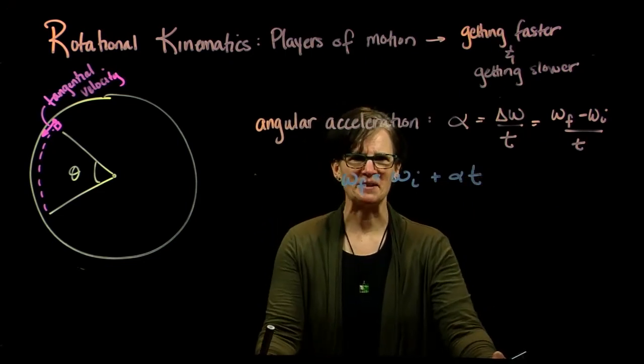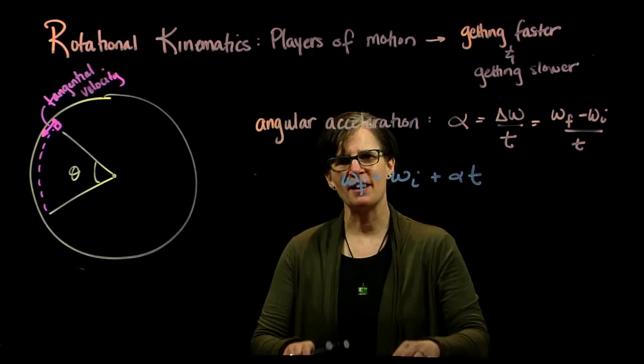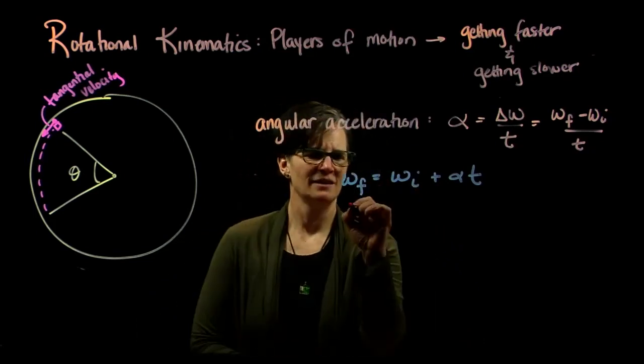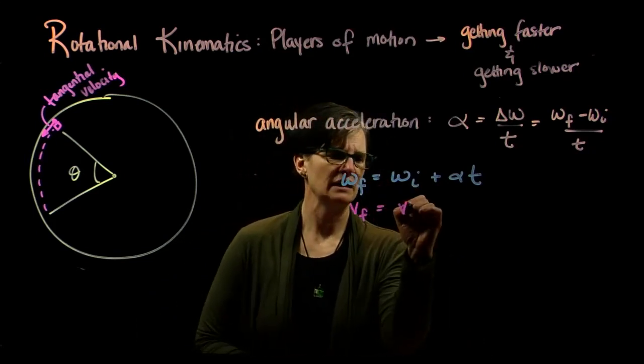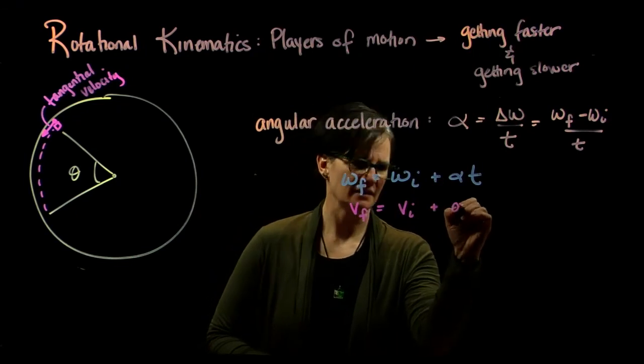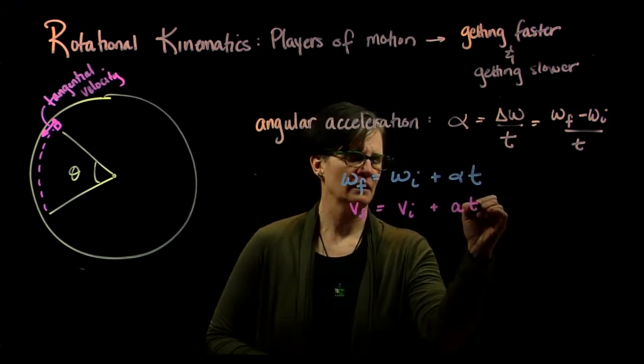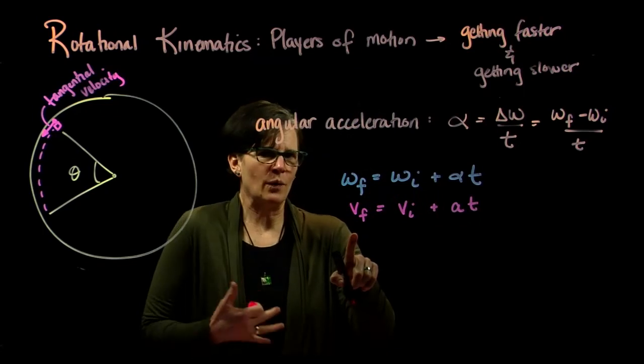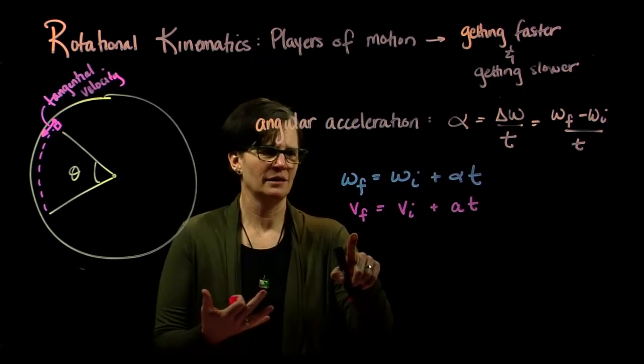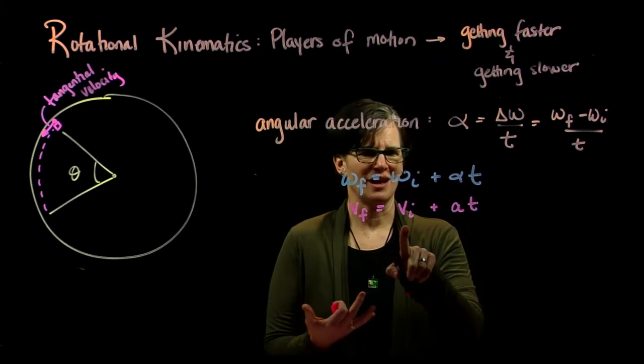Well, that should look familiar. Because remember, when we talked about translational motion, we said that V final was equal to V initial plus acceleration times time. In order to know what velocity I end up with, I need to know my initial velocity.